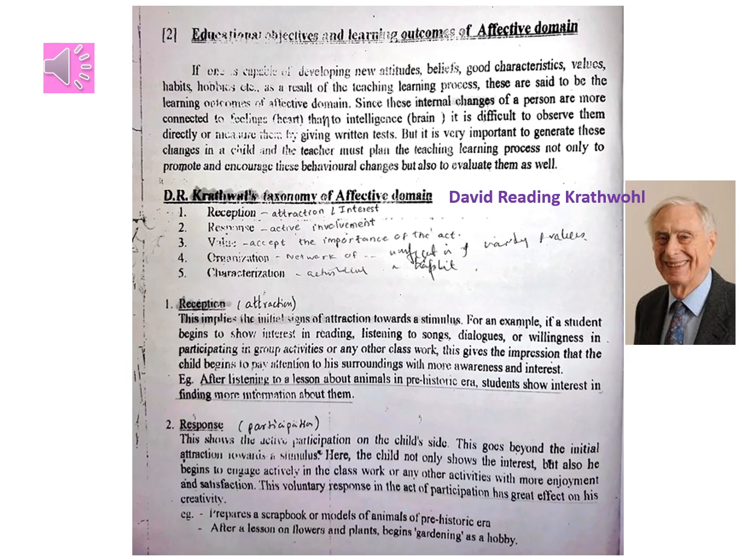But we can measure them by using the Likert scale, attitudinal scales. For example, you give a statement like this: we must help the elders whenever it is possible. Strongly agree, agree, cannot say, disagree, strongly disagree.